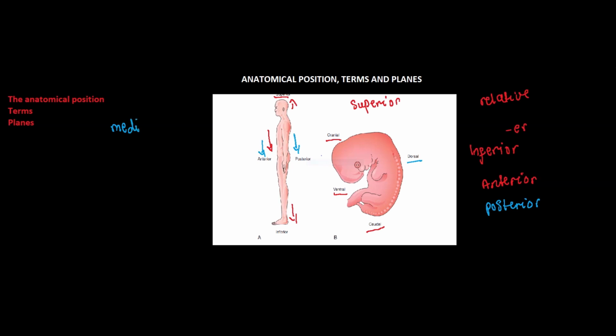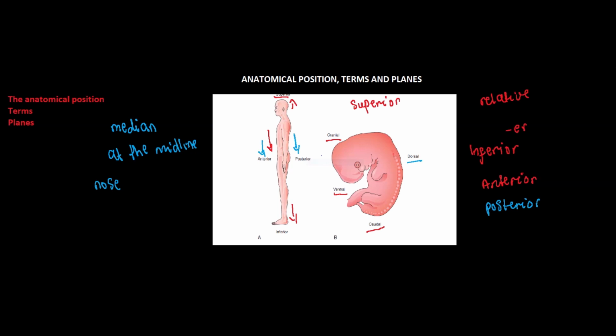The next term we'll be considering is median. Now, median, unlike all the other terms that we have been considering, is an absolute term. The term median means at the middle, at the midline. It's not a relative term, it's an absolute term, and it's at the midline.